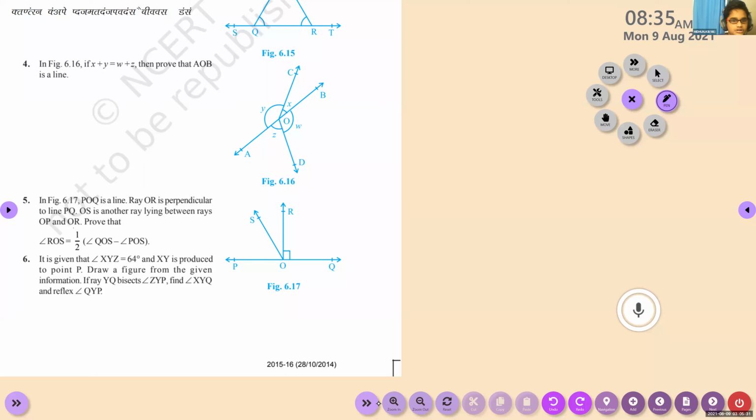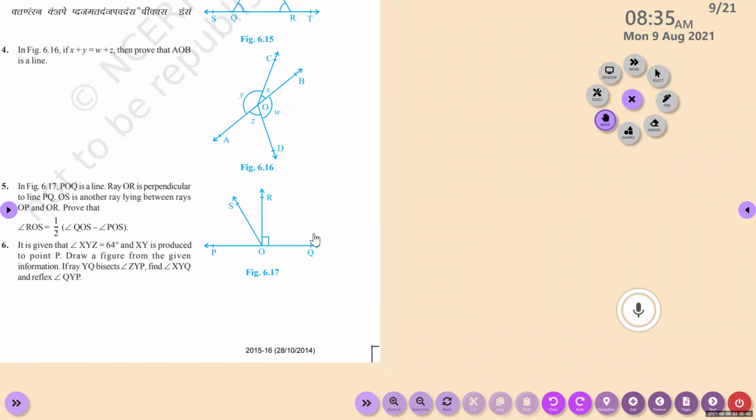Ma'am, question number 4. If x plus y equal to y plus z, then prove that AOB is a line.